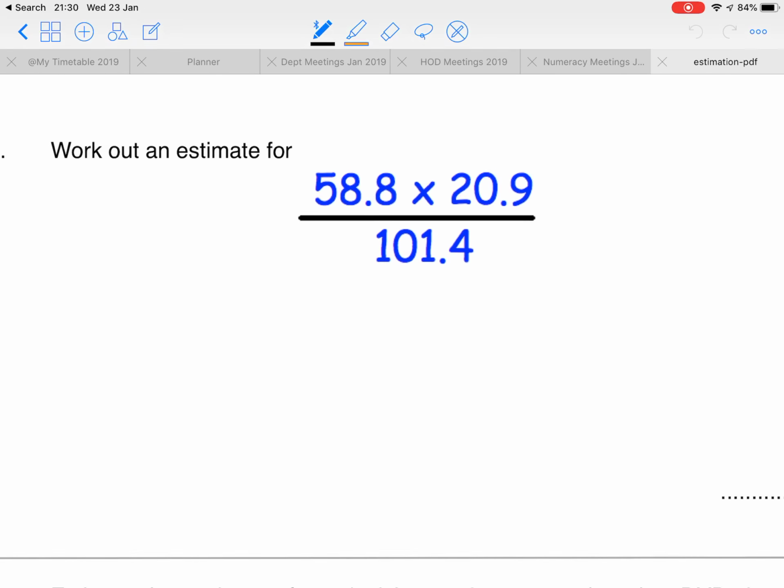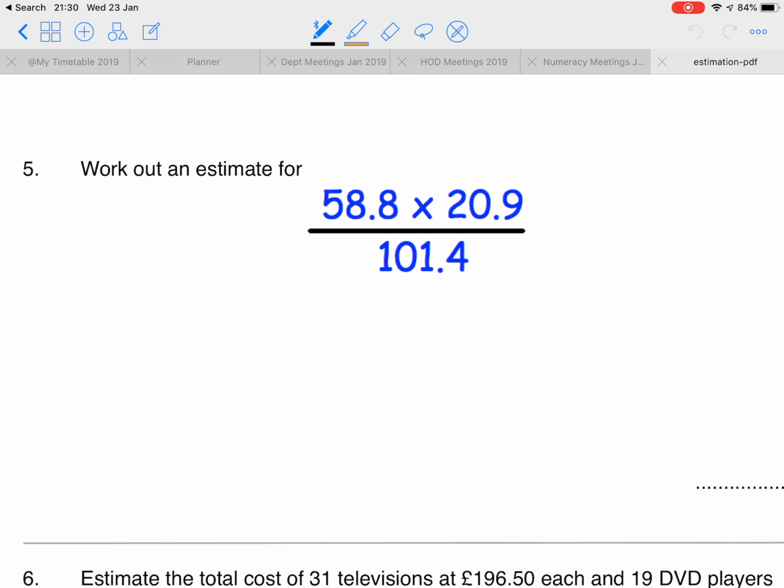Okay, so this has got 3 numbers now, so I've got to be quite careful with my estimation. So on the numerator, I'm going to have 60, one significant figure, 20, one significant figure, and on the denominator, 100. I know this looks like you want it to turn into 21, but 21 has got 2 significant figures, so it has to round down to 20.